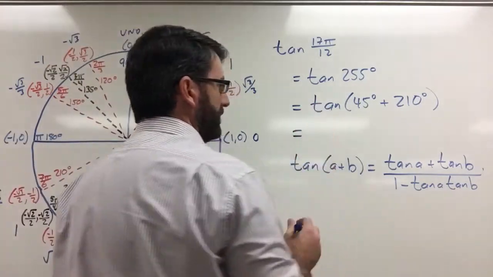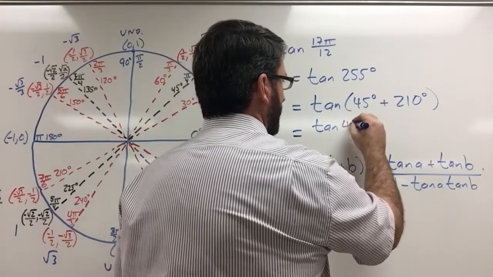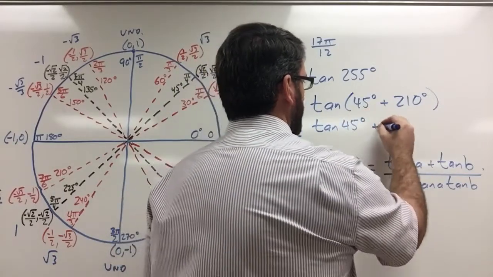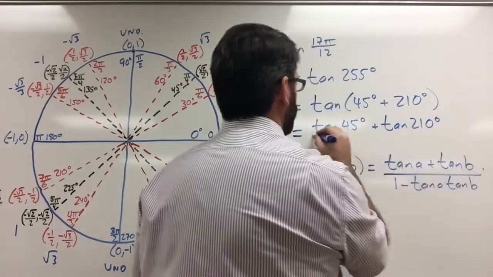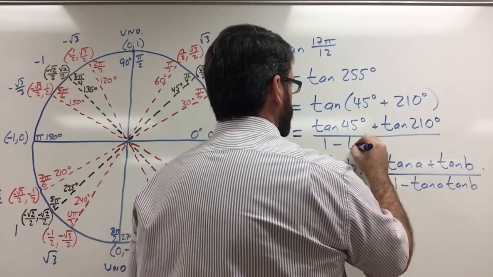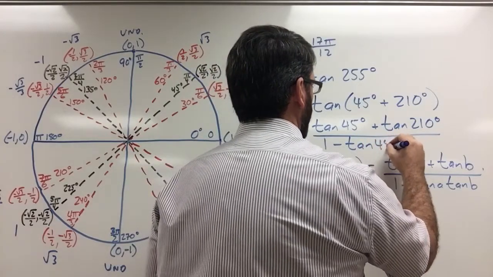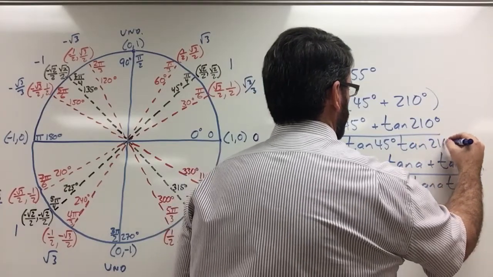So this is equal to the tangent of 45 degrees plus the tangent of 210 degrees divided by 1 minus the tangent of 45 degrees times the tangent of 210 degrees.